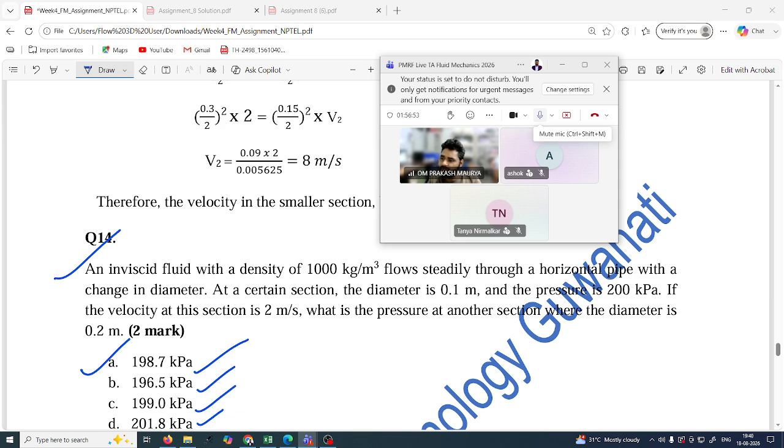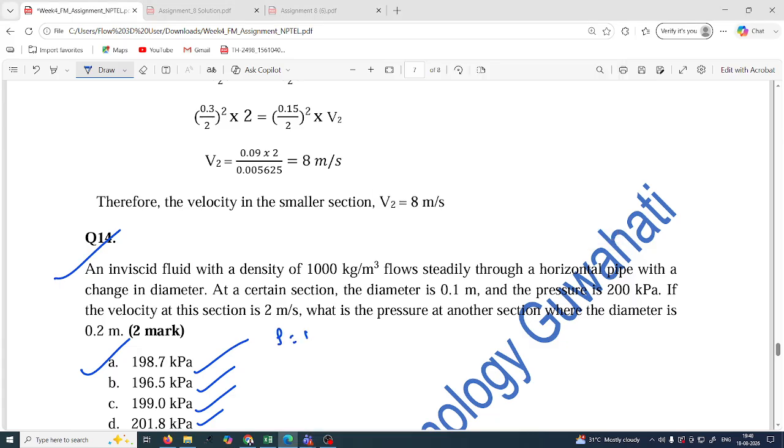An inviscid fluid with a density of 1000 kg per meter cube. Okay, so you have density 1000 kg per meter cube, flowing steadily through a horizontal pipe. Okay, the pipe is horizontal, steady flow.